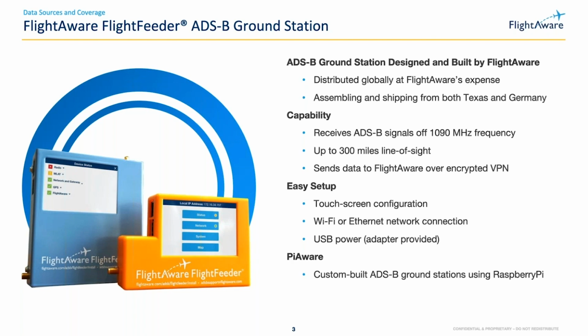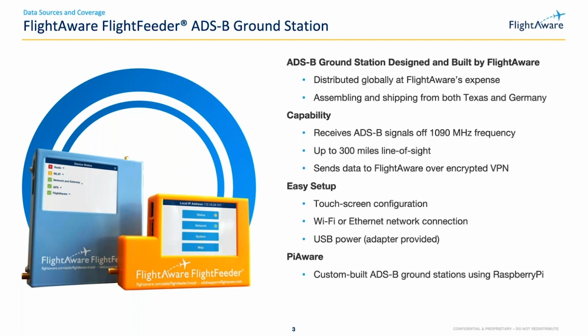This coverage is limited, however, since these signals can only be read by flight feeder 978 specific models, or by PiAware users that install and set up their device to receive and decode these signals. And for those of you that are interested in hosting a flight feeder, please go to our website, FlightAware.com, and go to the ADS-B section to apply.